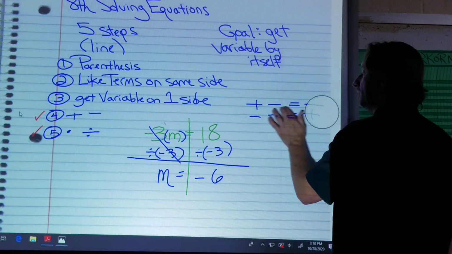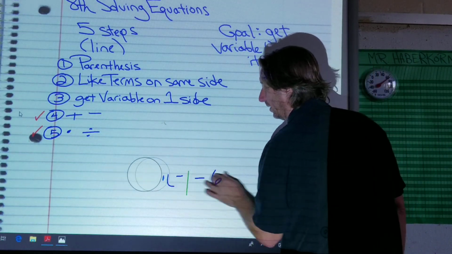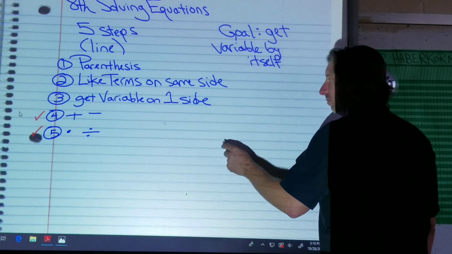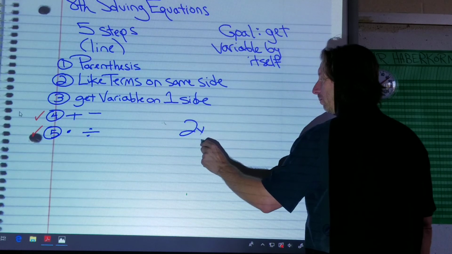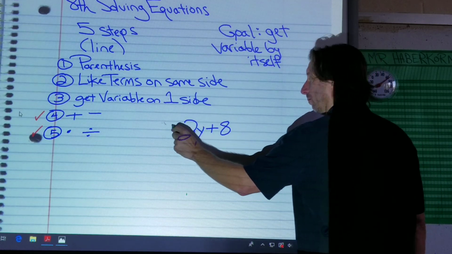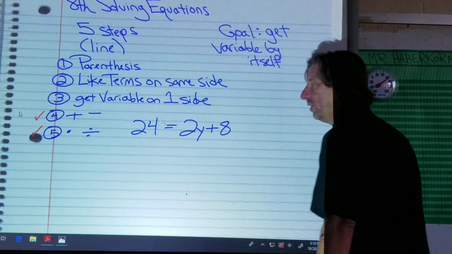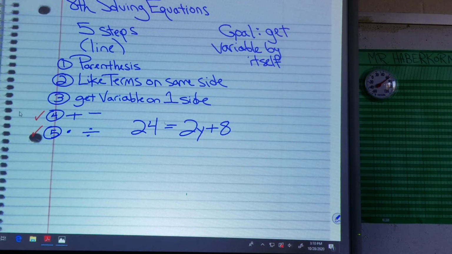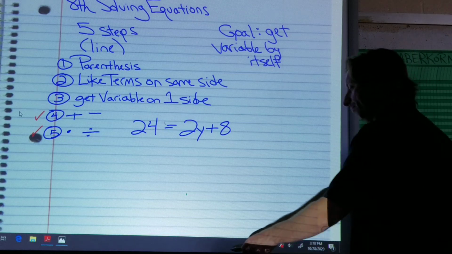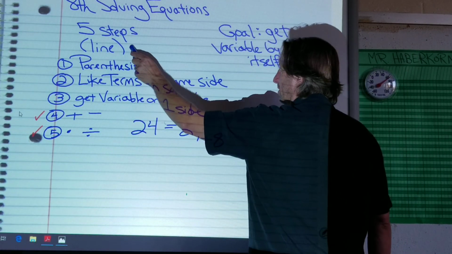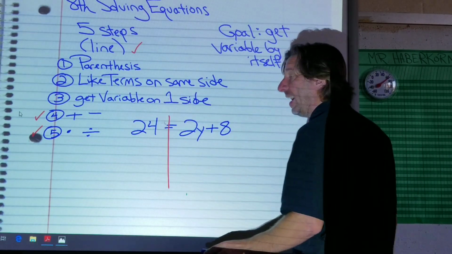Now, then we also did 2-step equations, that look something like this. 24 equals 2y plus 8. So I'm going to draw our line. That's this step right here. It's not even really a step, but I have you do it.